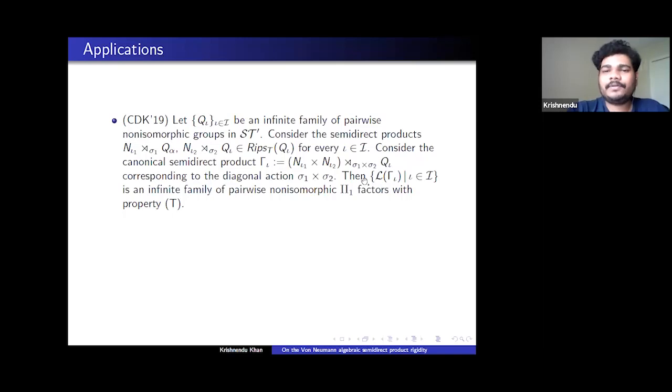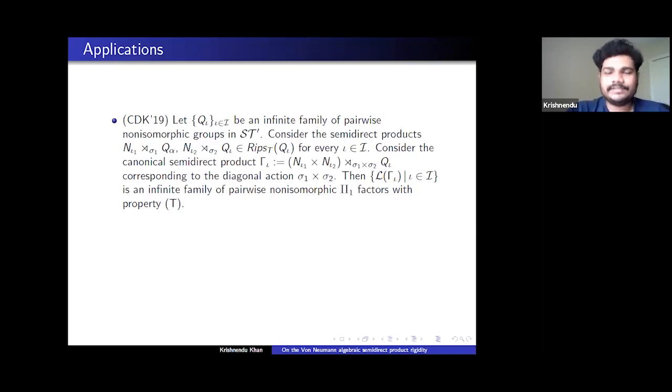And the corresponding group von Neumann algebras will form an infinite family of pairwise non-isomorphic II_1 factors with property T. In fact, if you take all finite index subgroups, Q_i, of a fixed property T hyperbolic group, you can take lattices in Sp(n,1), and then this whole family becomes pairwise commensurable, finite index to each other. If you take any Gamma_i, that will be finite index in the group Gamma.